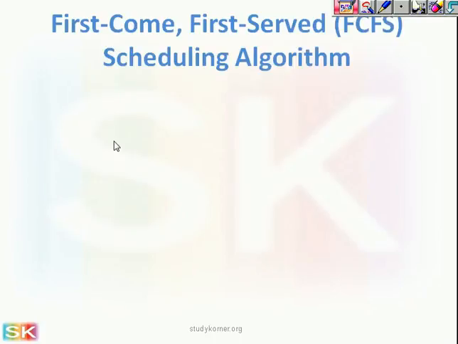Now the first scheduling algorithm can be first come, first serve. That means according to the arrival time of the processes, we are trying to schedule the processes with the CPU, right? So the process which comes earliest will be of highest priority.